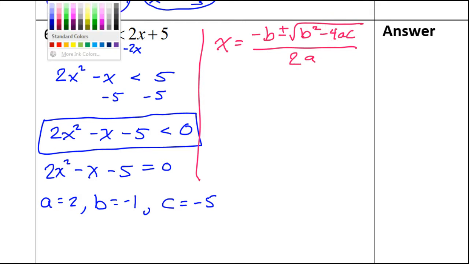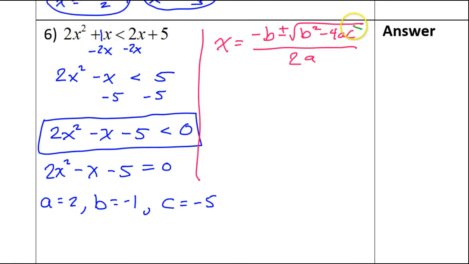However, there is something we're supposed to do. The part underneath the radical is known as the discriminant. You should always calculate the discriminant first, separately from the rest of the problem. So I'm going to just put D for discriminant.